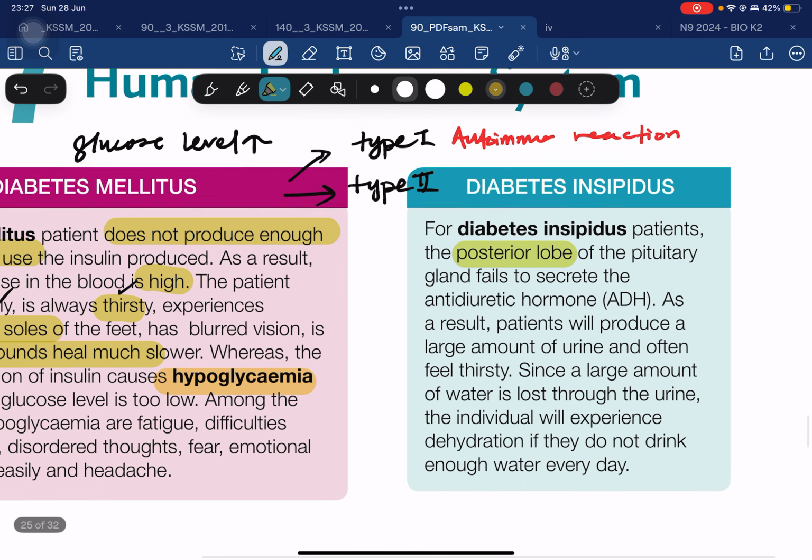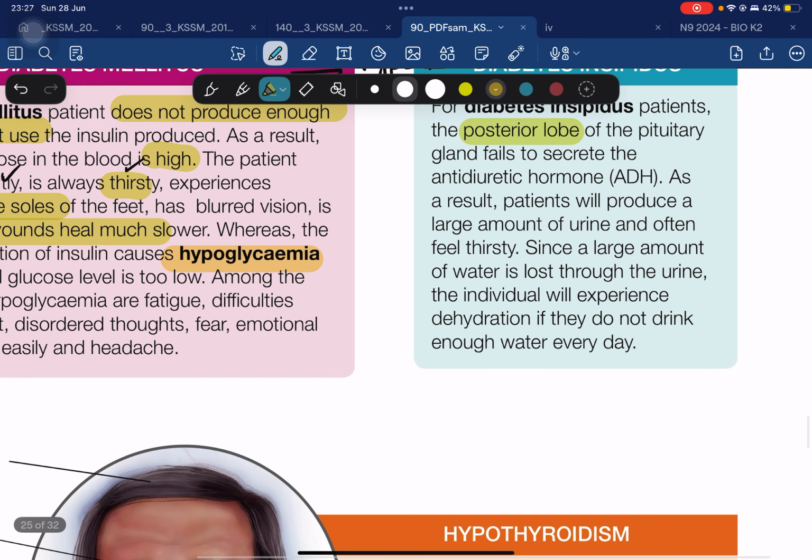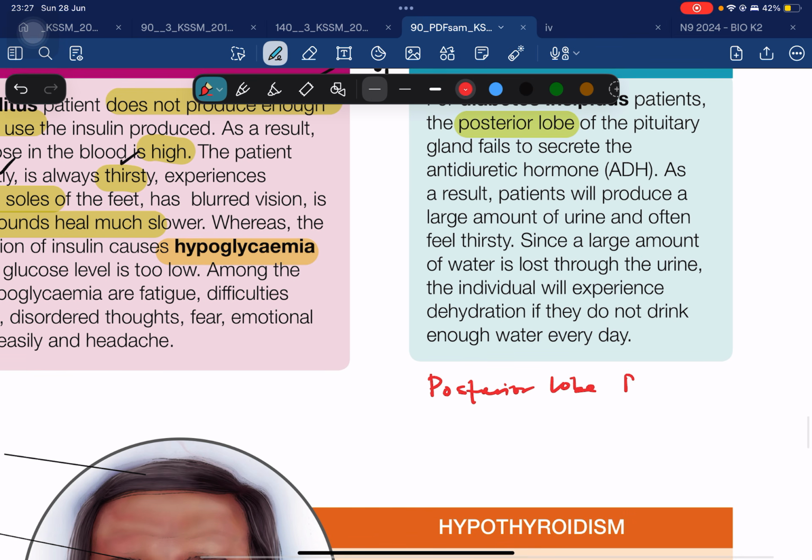There are two hormones secreted by the posterior lobe of the pituitary gland, which are oxytocin and the ADH hormone.